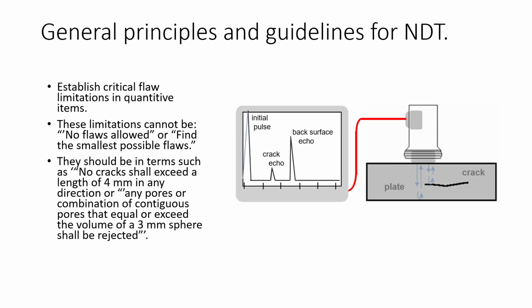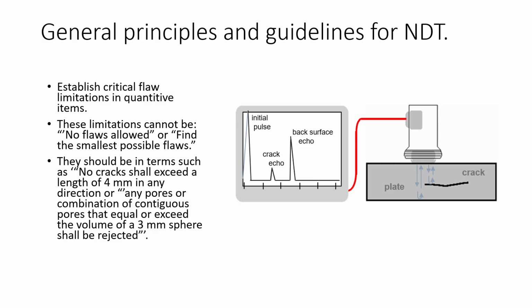So when we are establishing our critical flaw size and our limitations, we should have terms such as no crack shall exceed a length of 4 millimeters in any direction, or any pores or combination of contiguous pores that equal or exceed the volume of a 3 millimeter sphere shall be rejected. You want to give them something quantitative.